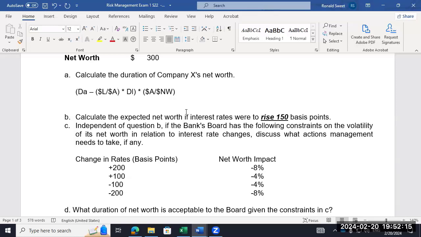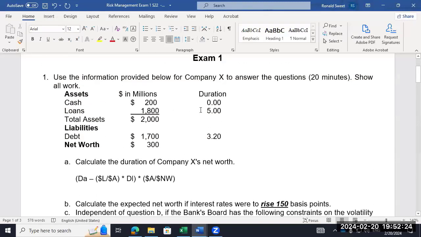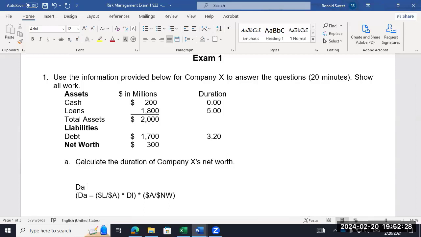So, tied to another class, think about it in the context you've had it before. All right. Here you'd have to get the duration of assets. What might that be here? Duration assets is going to equal what? Give me the actual numbers. So say again, 200 divided by 2,000. I mean, you can do that if you want. What would that be times?